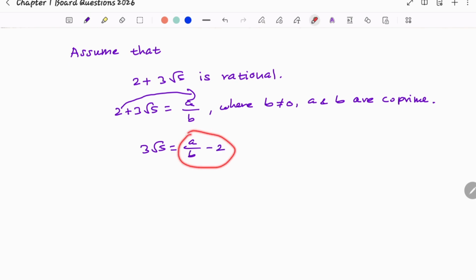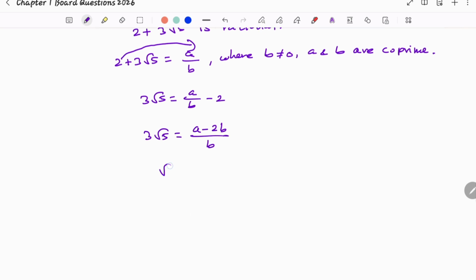Simplifying, 3 root 5 is equal to a minus 2b, the whole divided by b. Next, shift the multiple 3 to the other side, so it becomes division: root 5 is equal to a minus 2b divided by 3b.